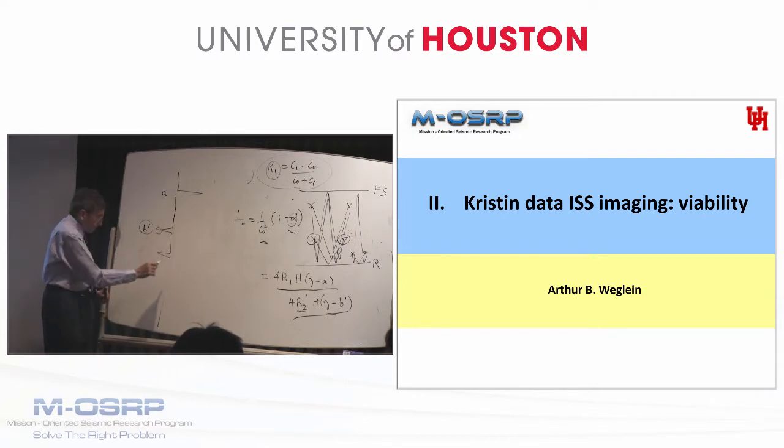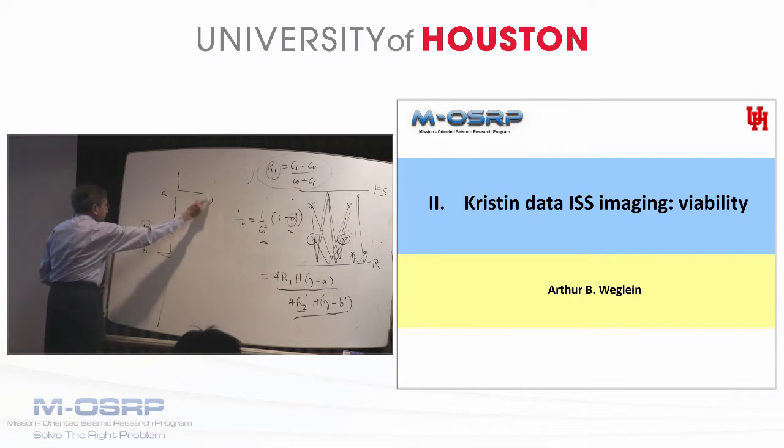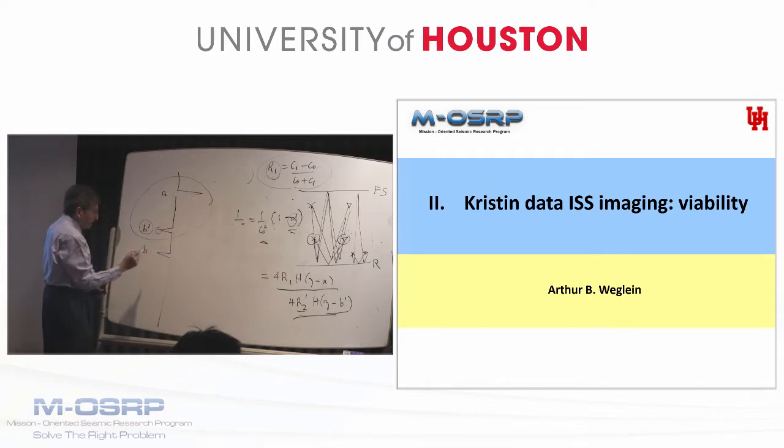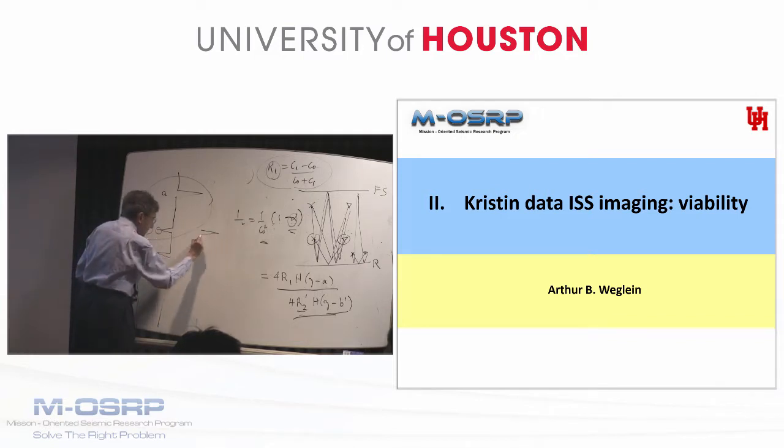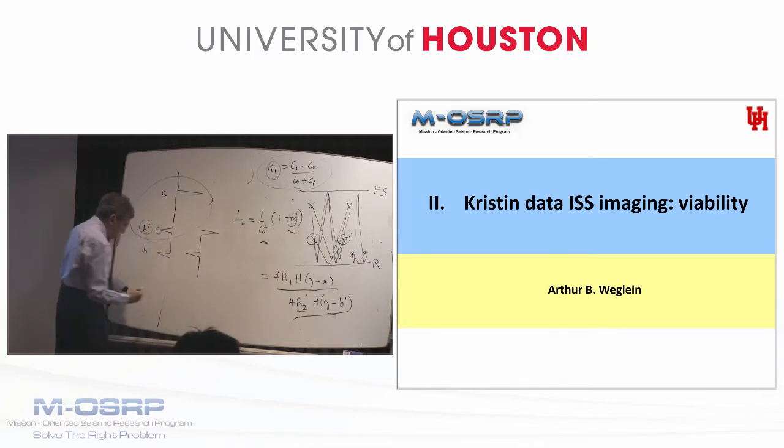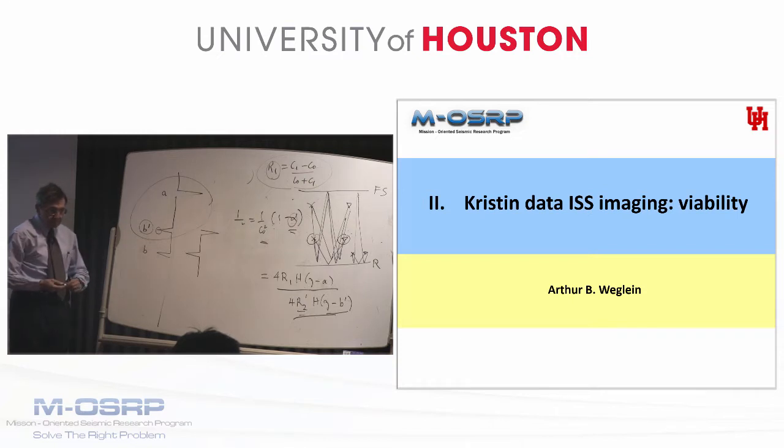So we want this to be at B. So the process, if this is the first term, the process we want has to remove this and make this. So the process has to do this and this. These are equal amplitude. The zero frequency of that is 0. It has no zero frequency interest.